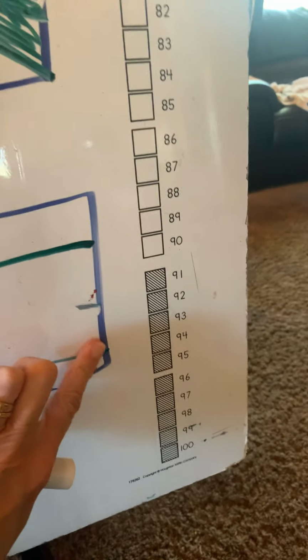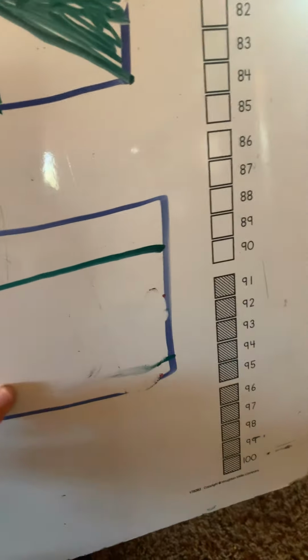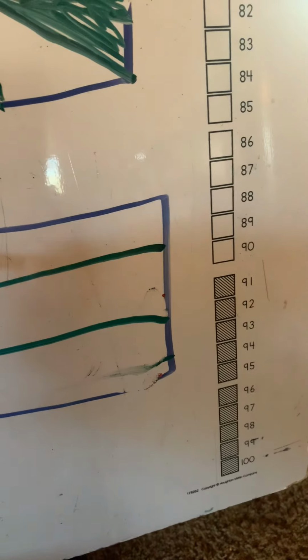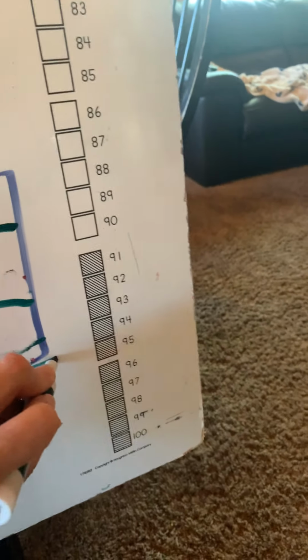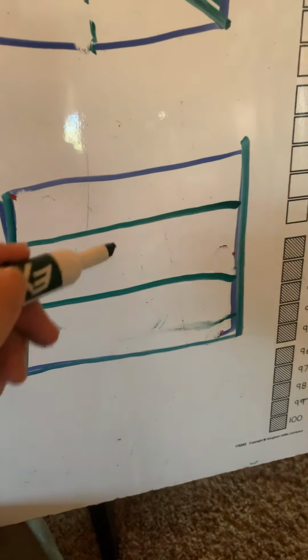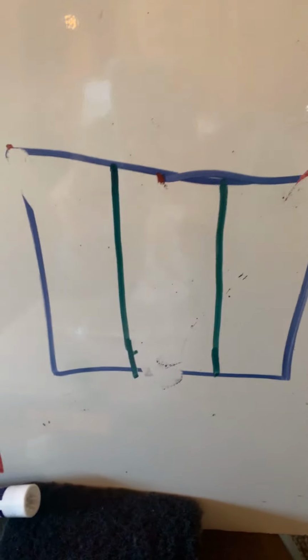So when you make your fourths and your thirds and your halves, you have to look at it with your eyes and see, is it as close as I could possibly do where I see they are measured exactly into equal parts? Yes. So there's thirds.